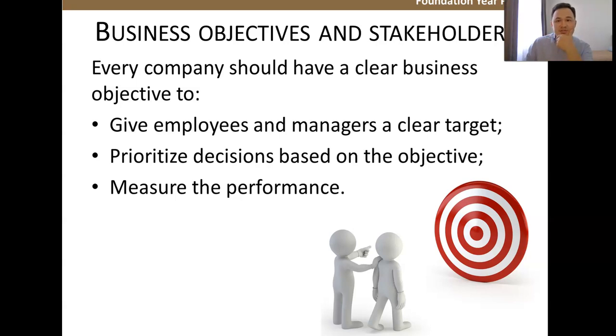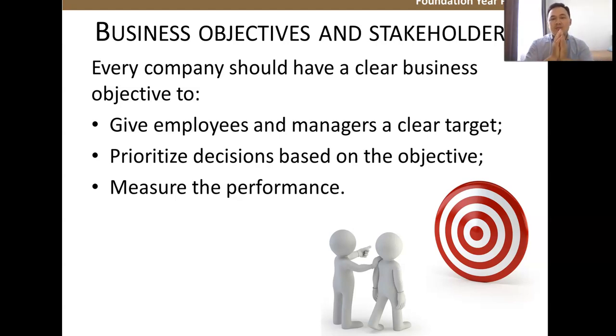Now, what is the business objective, and who are the stakeholders? Why do we need a business objective? An objective is needed to say to everyone, here is our target. If you have a very large company, imagine that you have very many units, not only in Kazakhstan or not only in Astana, but worldwide. How do you communicate? How do you actually unite everyone and try to grow?